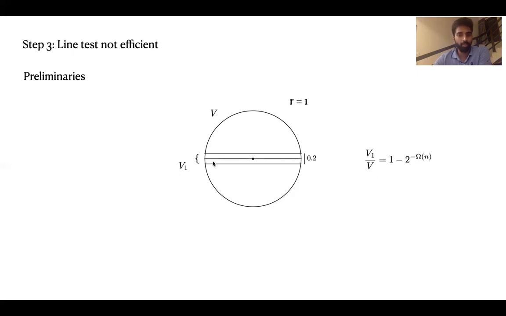That is, most of the volume is concentrated very close to the equator. So the rest of the volume combined is just an exponentially small fraction of the total volume.